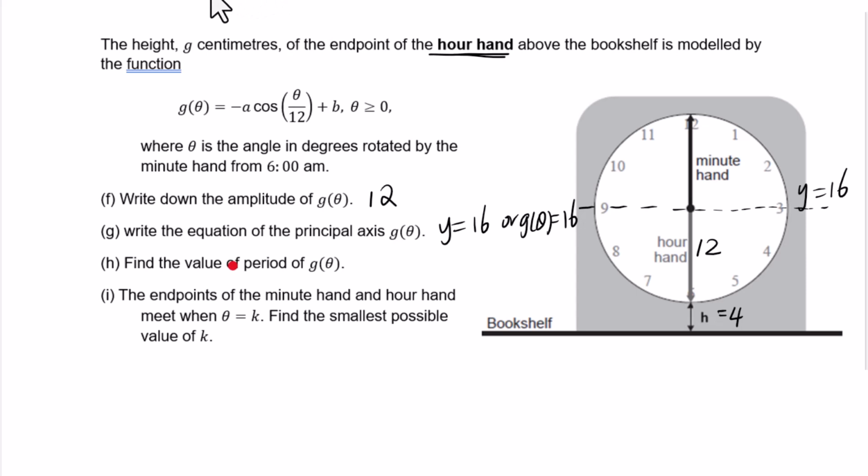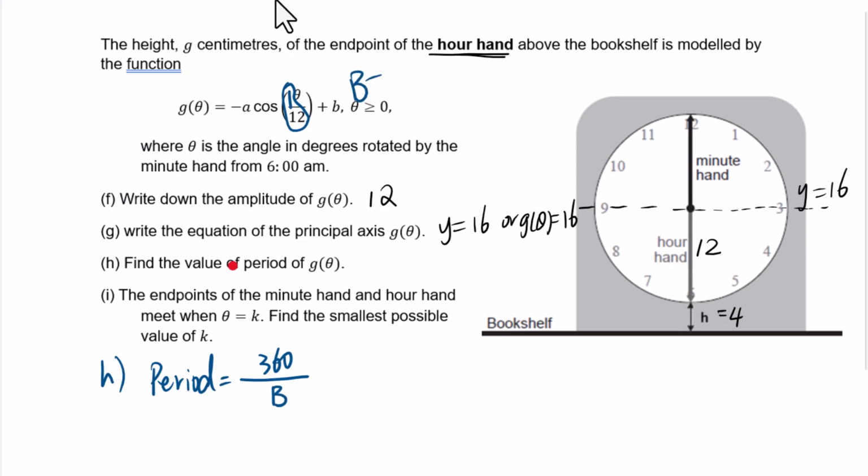Let's go to H. Find the value of the period of g of theta. Since we are given the coefficient of theta, we can use the formula period equals 360 over b.